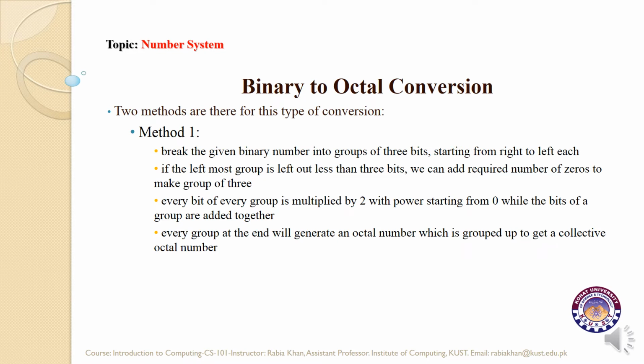Binary number system, as you all know, is the computer's native language. It consists of two numbers, 0 and 1, while the octal number system consists of a total of 8 numbers from 0 to 7.